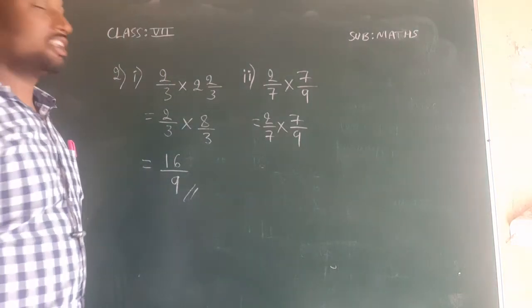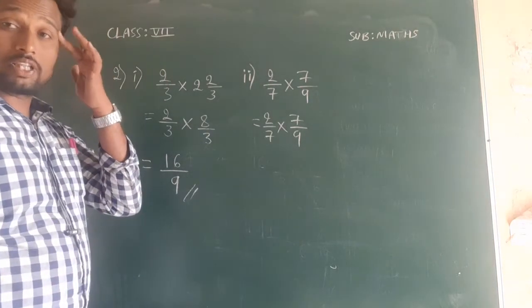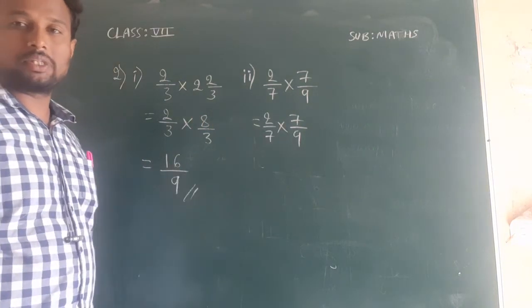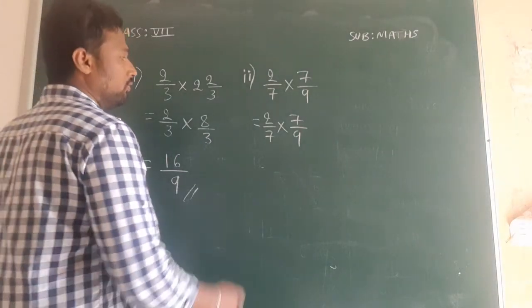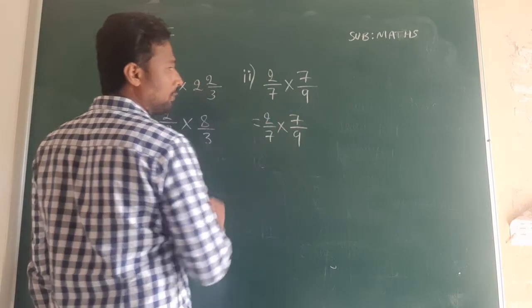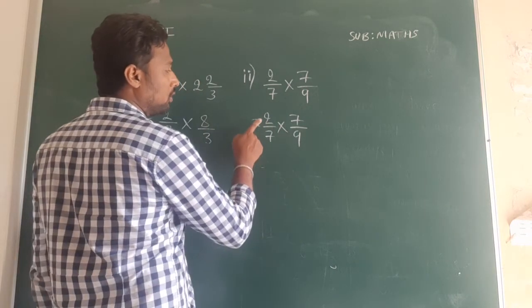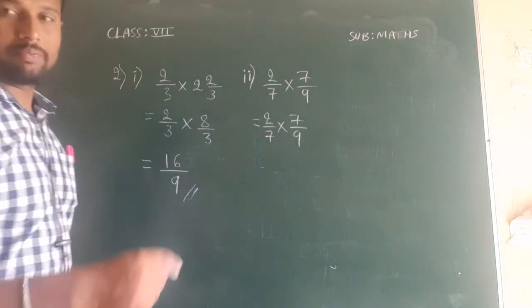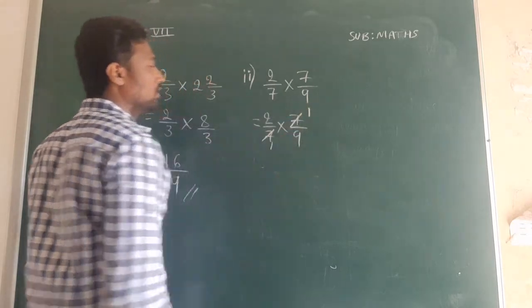Like the previous method, we can solve this by two methods. First you can divide, then multiply, or first you can multiply, then divide. See here, we have 2 and 7 in the numerator, and in the denominator we have 7. Is it possible to divide? It is possible. 7 on the 7.